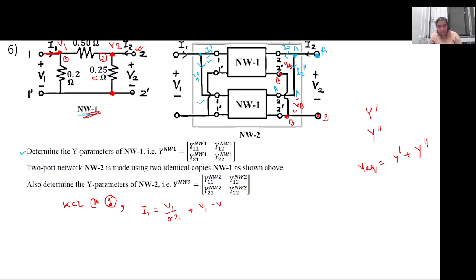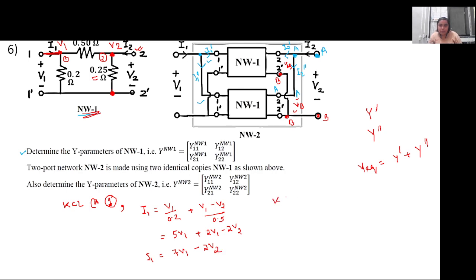Right. Since we know the node voltages, it will be 5V1 if I simplify it, plus 2V1 minus 2V2. So I1 is equal to 7V1 minus 2V2.